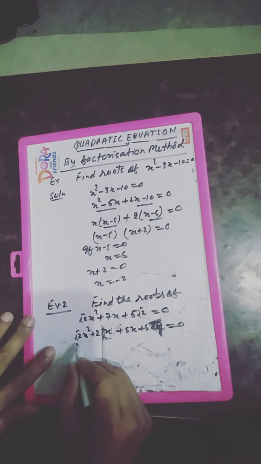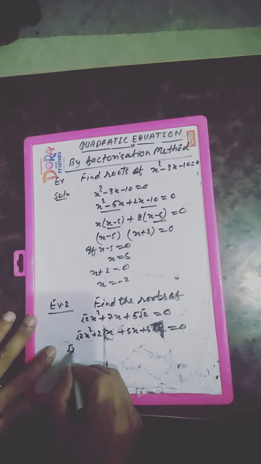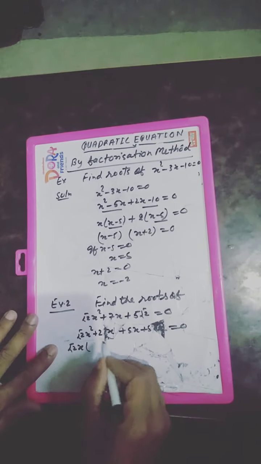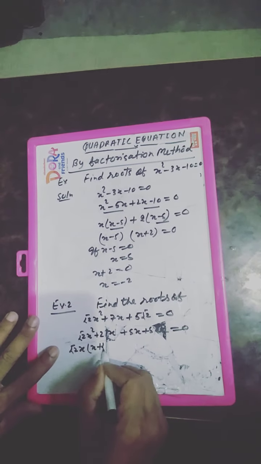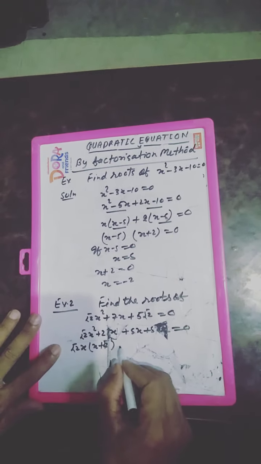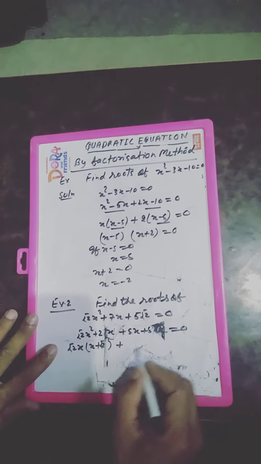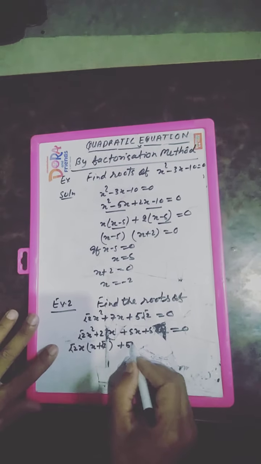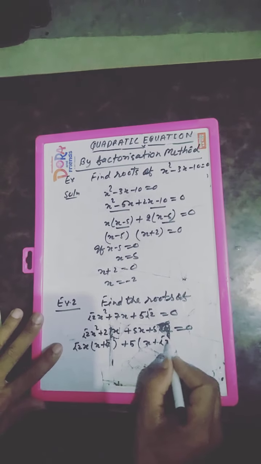So taking root 2x common in the first bracket, the remaining will be x plus root 2, and in the second one we take 5 common, so inside we get x plus root 2.